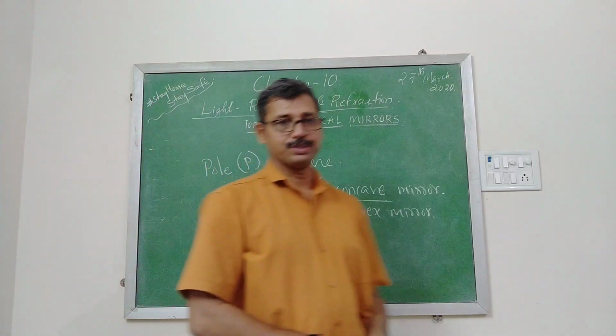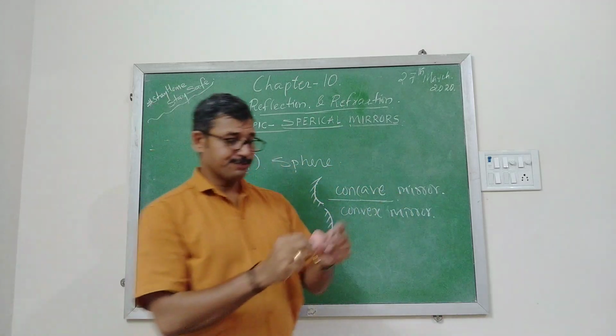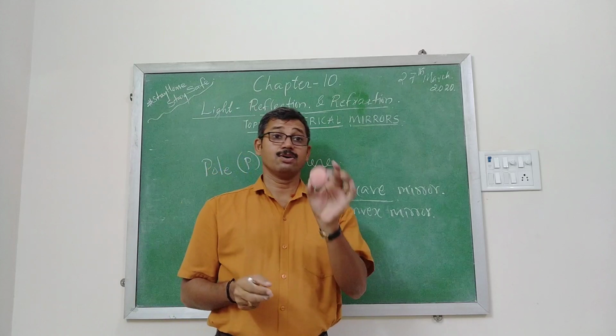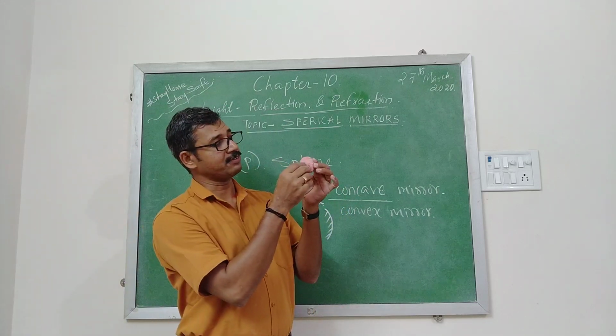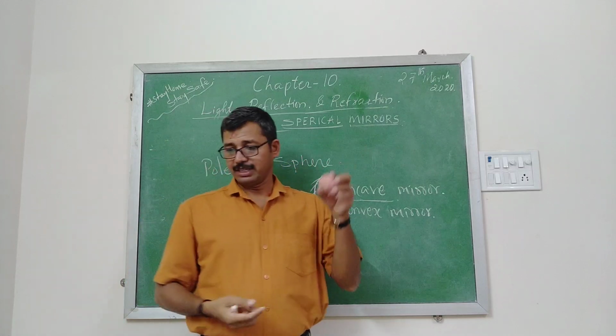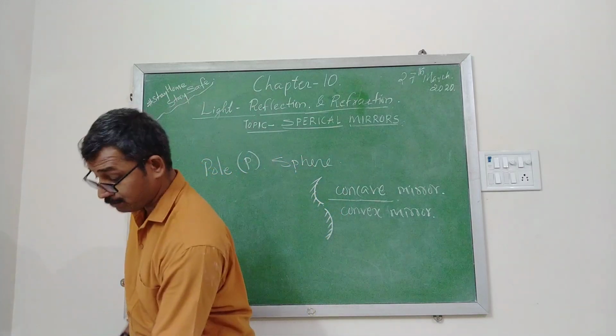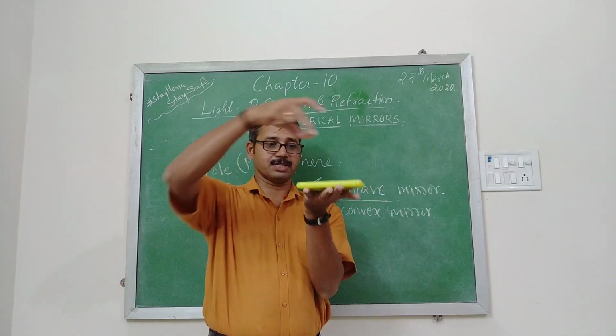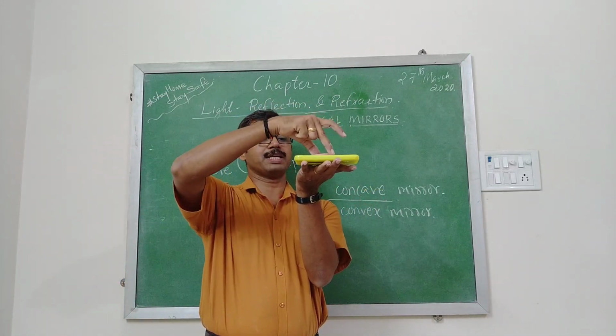Now what is the pole of the mirror? You know that the mirror has a center. Here we can say, this is the center. Practically, if you ask how we come to know about it, my answer is very simple. You take a plane surface, and on that plane surface you place this mirror.